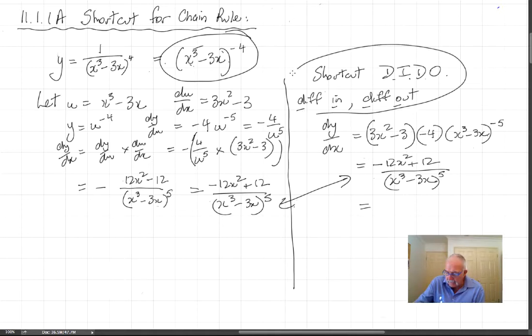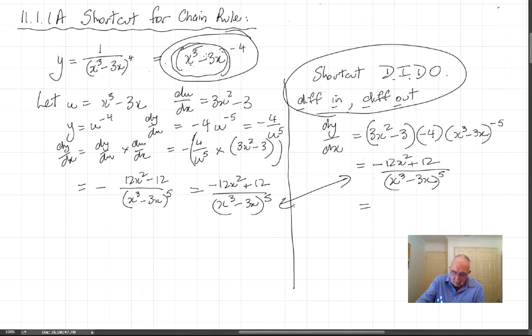You don't obviously write this out, but it's a matter of diffing in. Diffing in is diffing inside the bracket, so diffing inside up here, and we get that. You've got to use brackets when you do this. Then it's -4. Just imagine what's in the brackets is like something to the power of -4.